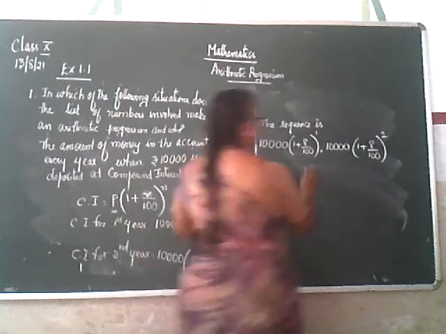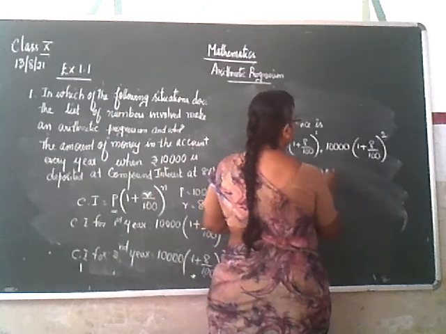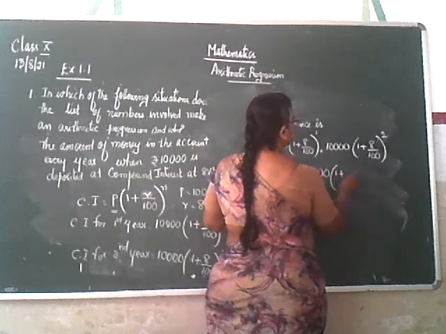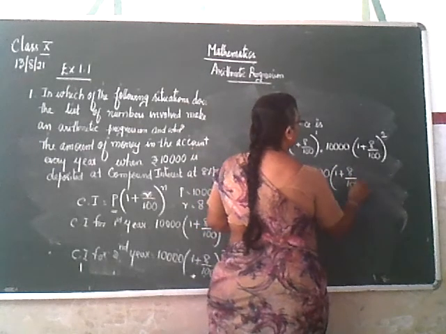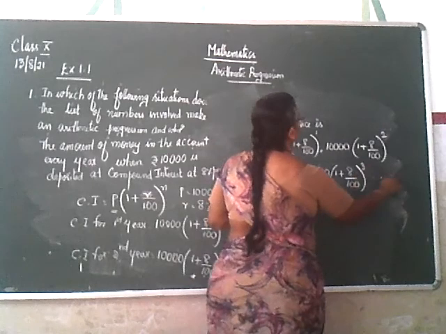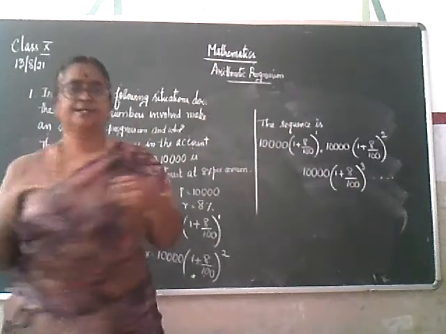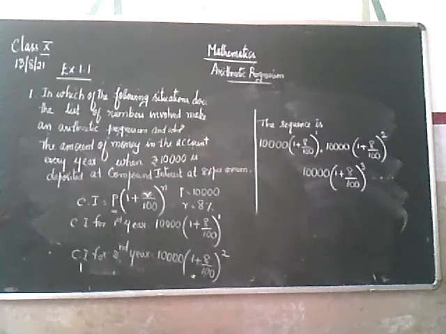Again it will go on like that, 10,000 into 1 plus 8 by 100 the whole cube. It goes on after every year. So if you see it itself, it says it is not in AP, isn't it?